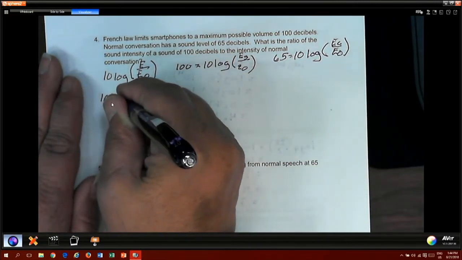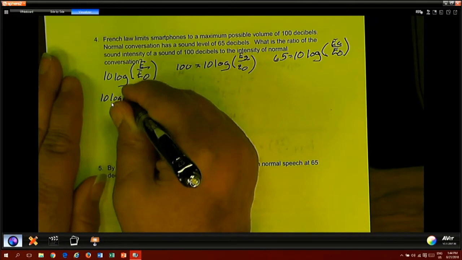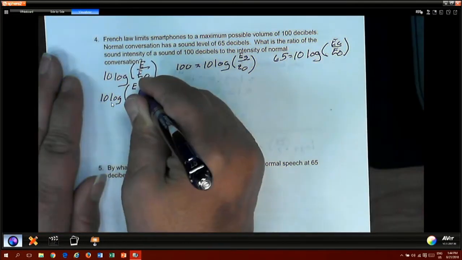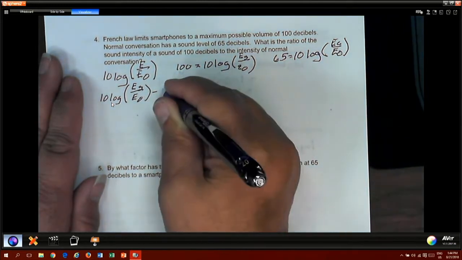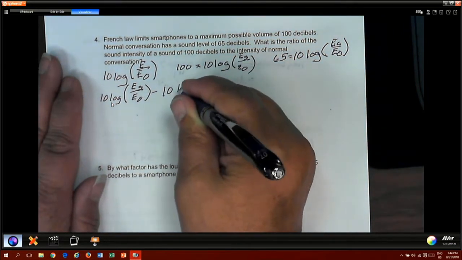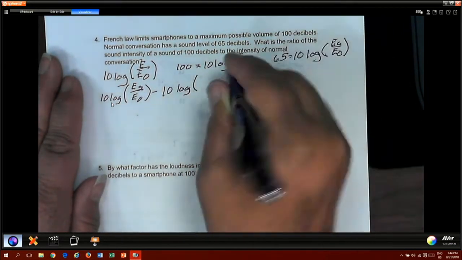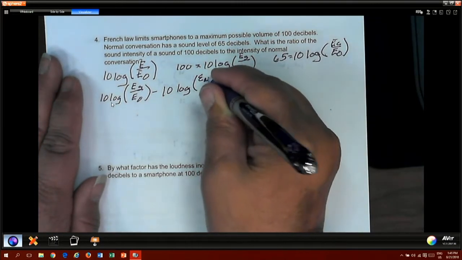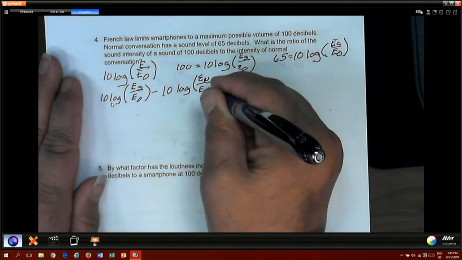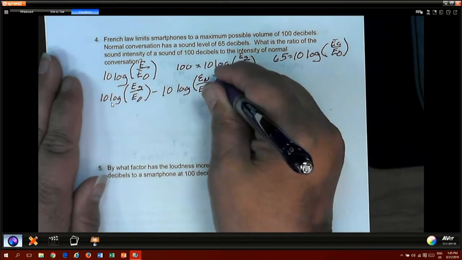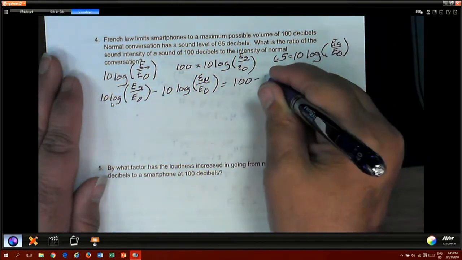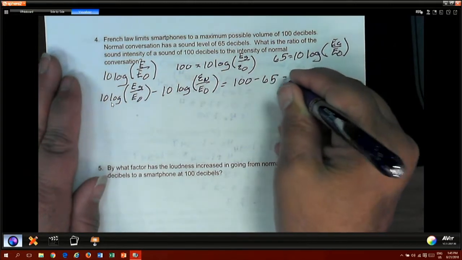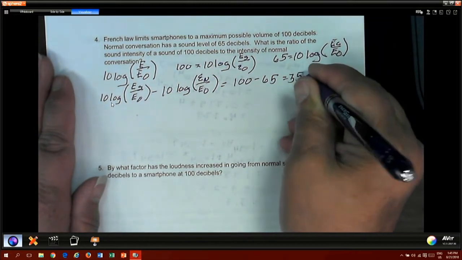so 10 log of E sub S over E sub 0 minus 10 log of E sub C over E sub 0 is 100 minus 65, or 35.